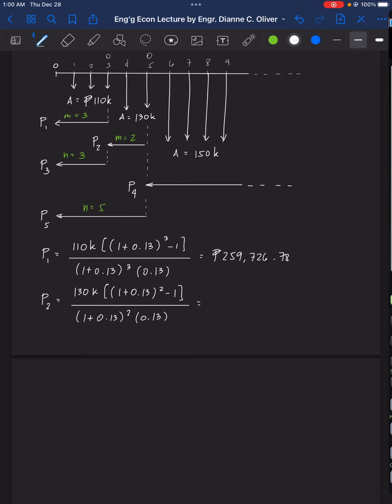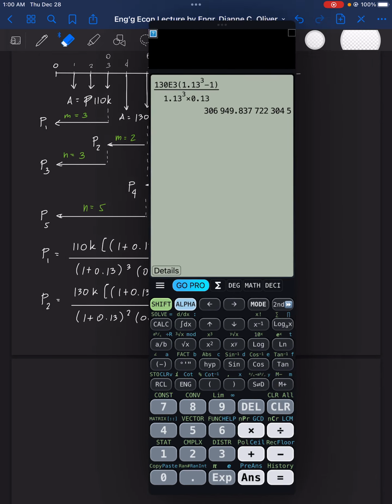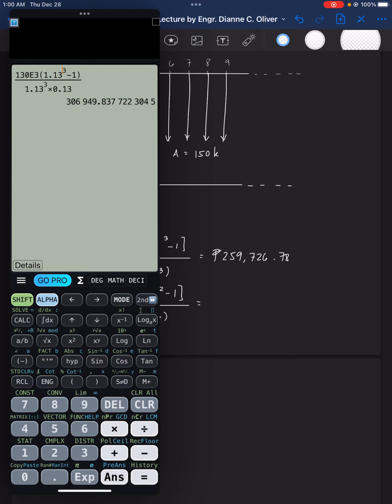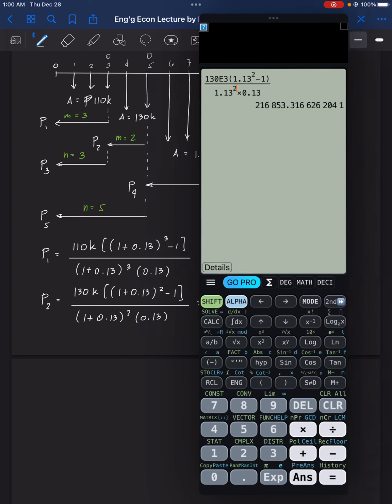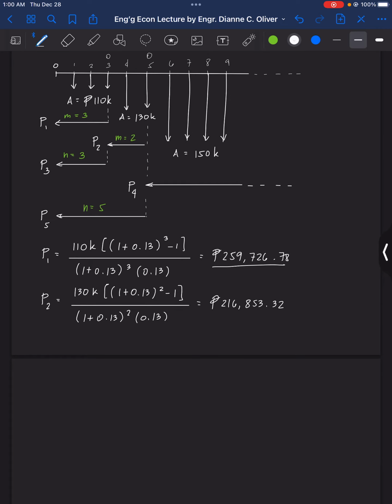So that is 306,949. Oh, no, it's not, because it should be raised to 2. So that is 216,853.32.